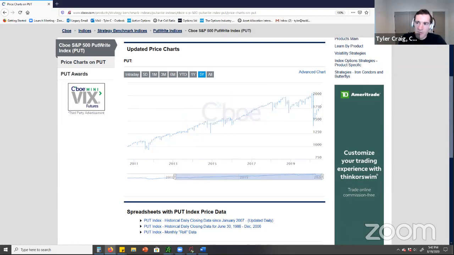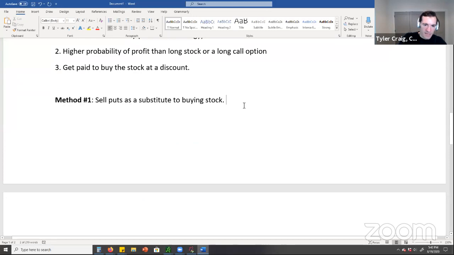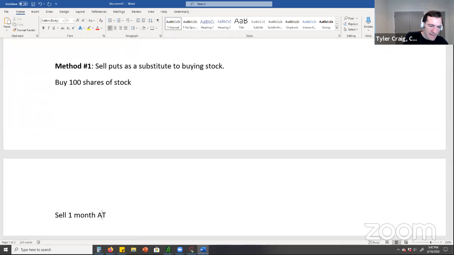Okay. So if I take a look and I say, okay, instead of buying 100 shares of a stock, I could sell a 1 month at the money put every month and then ride to expiration and close it, win, lose, or draw, and then sell a new 1 month put.